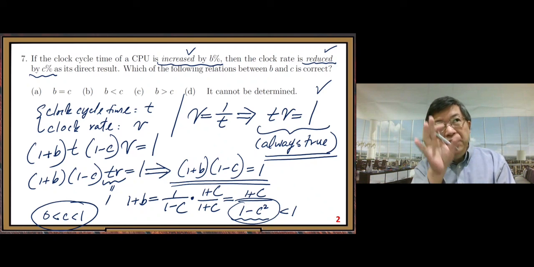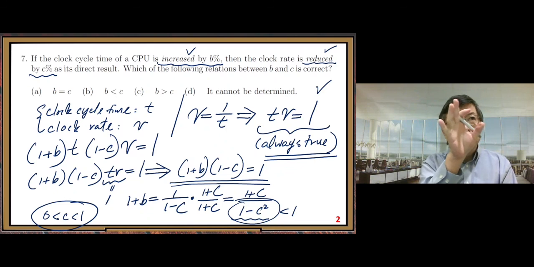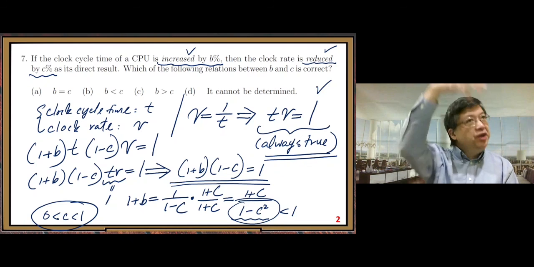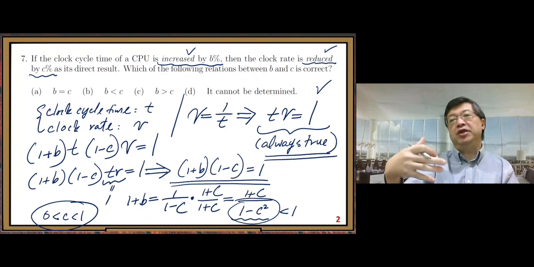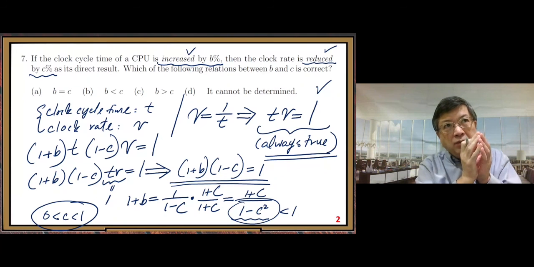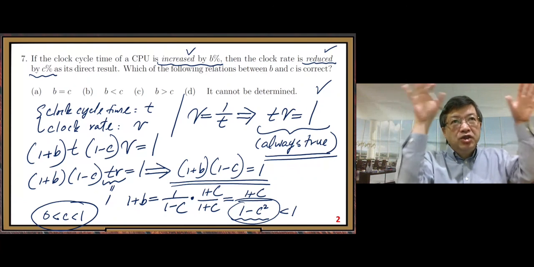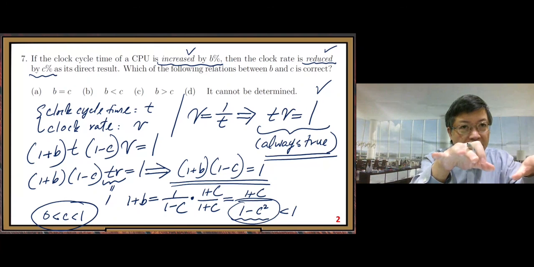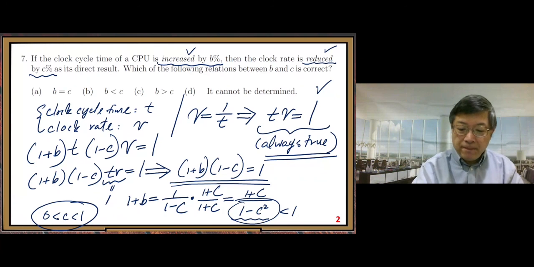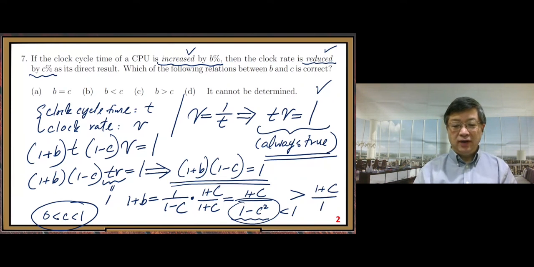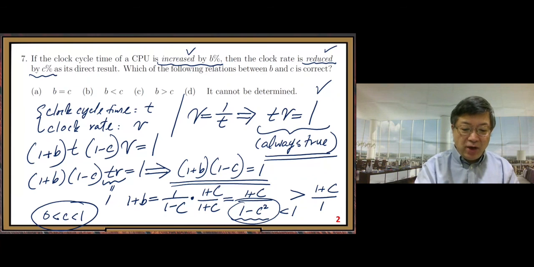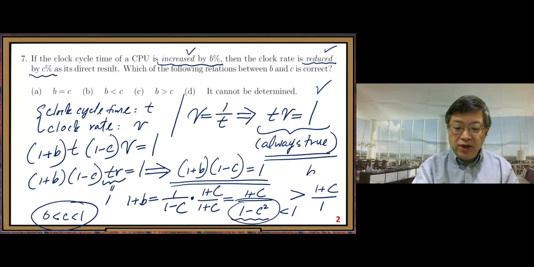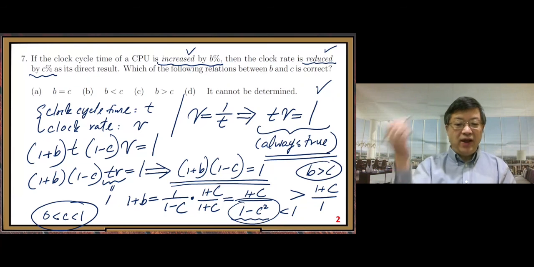Then, if we change the denominator from 1 minus C squared to 1, do we increase or decrease the fraction? The denominator becomes larger, so the fraction becomes smaller, right? So it should be greater than (1 plus C) over 1. Then 1 plus B is greater than 1 plus C, so B is greater than C.